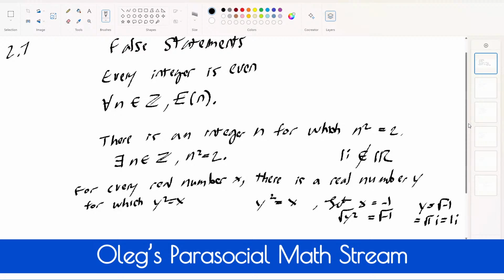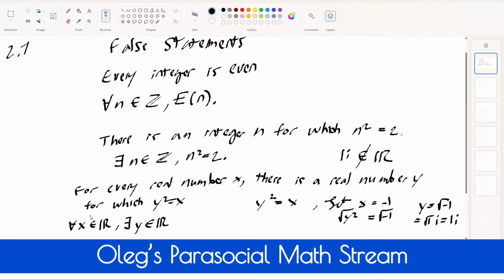All right, let's actually write down what they wanted us to write down here. For every real number x, there is a real number y for which y squared is equal to x. So we just have to write down this false statement. For all x in the real set, there exists a y also contained in the real set.